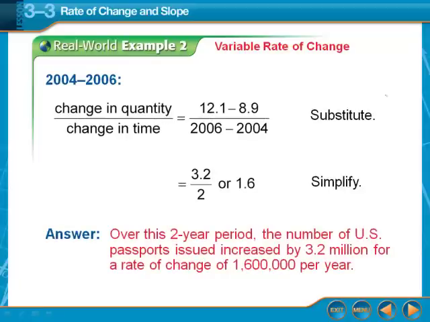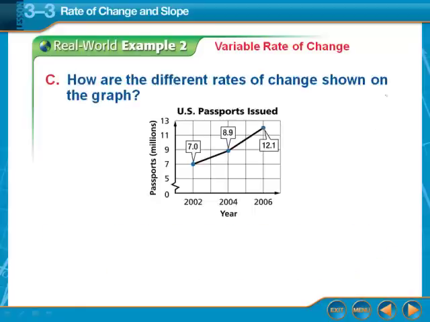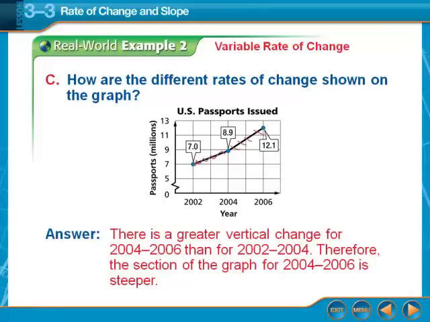We're looking at 3.2 million every 2 years, or 1.6 million per year. In a segment form, we can look at individual pieces from here to here, and then those two pieces there. In segments, our rate of change can be different.